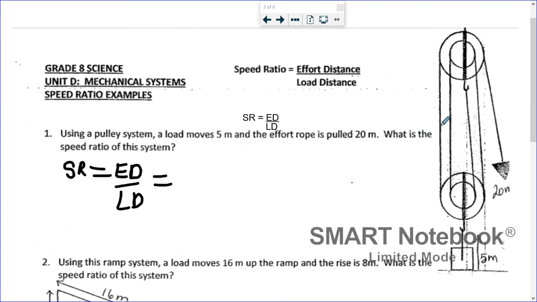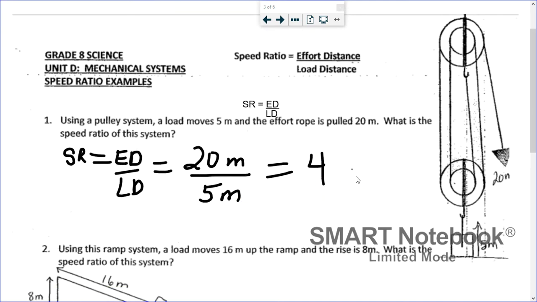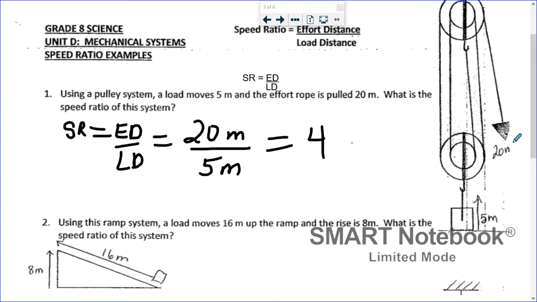And then ED, effort distance, is 20 meters, and the load distance is 5 meters. So speed ratio is equal to 4. So 20 divided by 5 is 4. Meters cancel, so there's no units for speed ratio. It just means that effort always goes 4 times farther than the load.